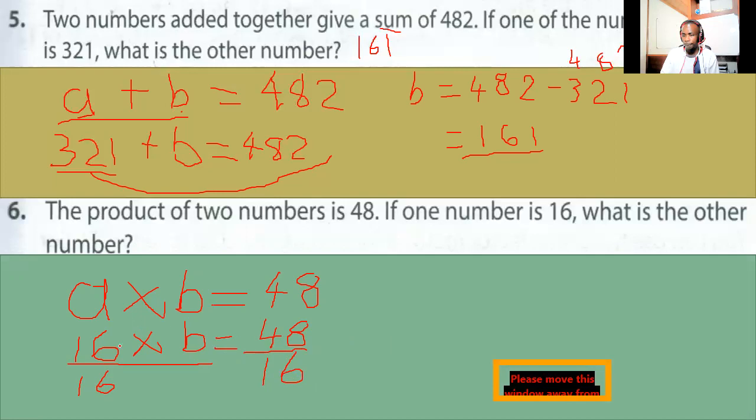So 16 times B divided by 16, the answer is 1. 1 times B is 1B.